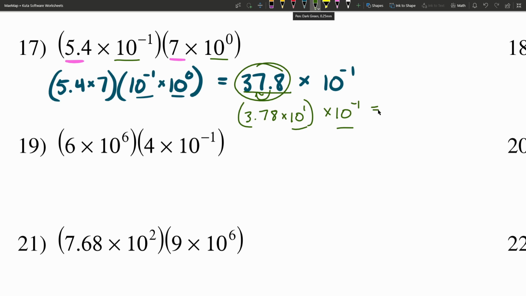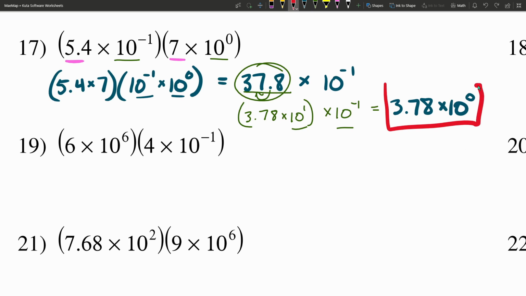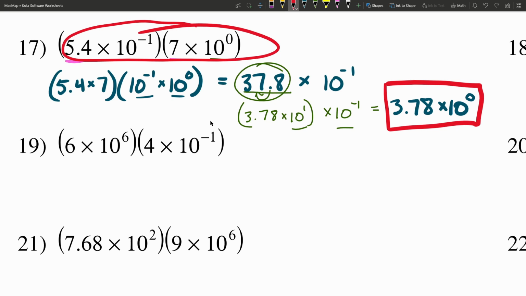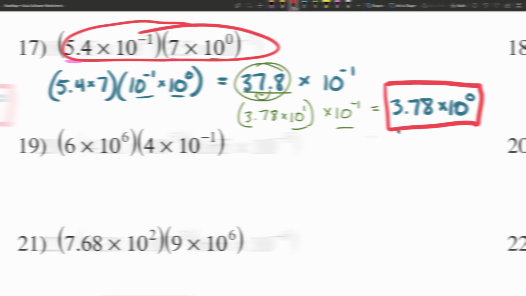So this is going to be equal to 3.78 times 10 to the 1 plus negative 1. That's 10 to the 0. So there we have it. 3.78 times 10 to the 0 is this product in scientific notation. Let's move on to number 18.